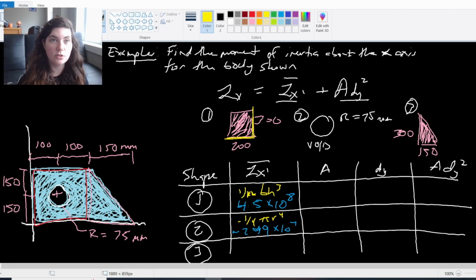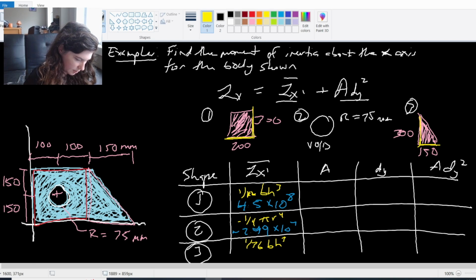Finally, I'll pull from my table for my triangle, which is 1/36 base times height cubed, which makes sense. It's like 1/3 of the square value. So 1/36 times a base of 150 times a height of 300 cubed.